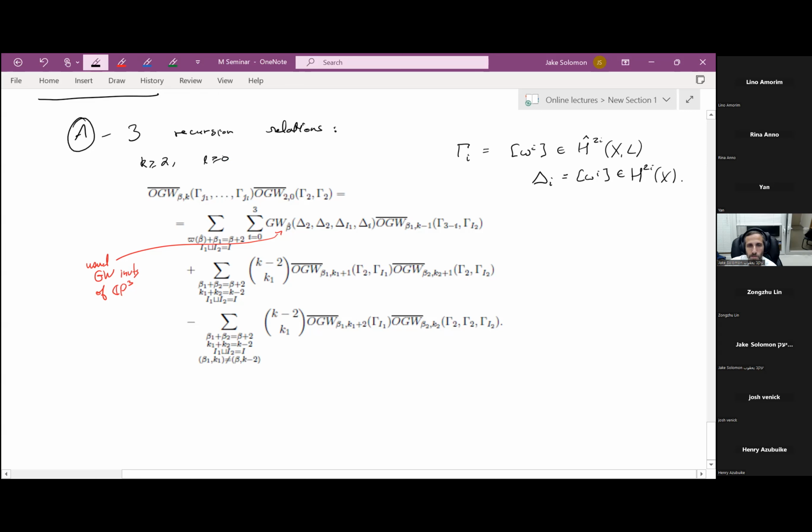Right, yes. So the point is that you have to divide by this number in order to get out the thing which you want.